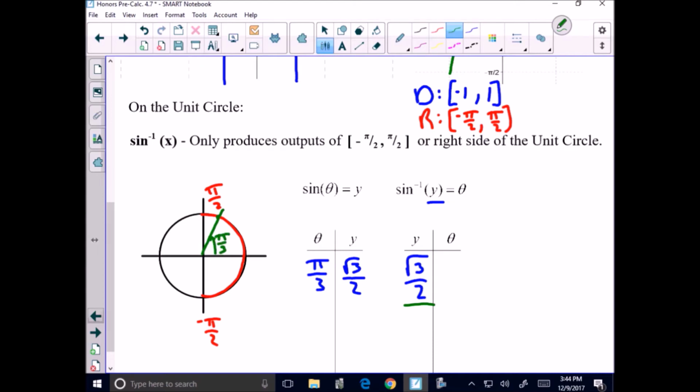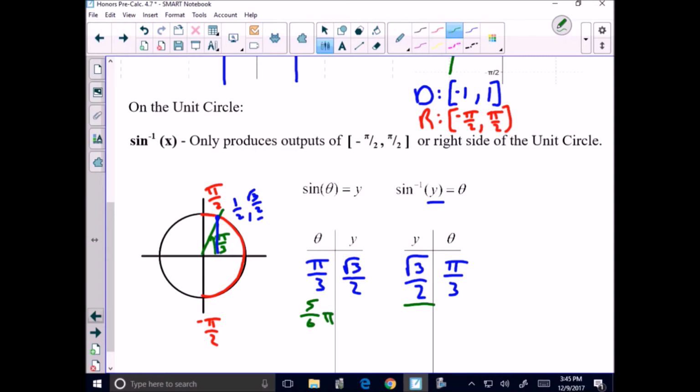And that's the least amount of rotation that will give me that square root of 3/2 as a vertical change. We see that in the ordered pair in the perimeter of the unit circle. And so right here we would say then that the output that inverse sine would generate would be pi/3. So let's say we evaluate a rotation of 5/6 pi.